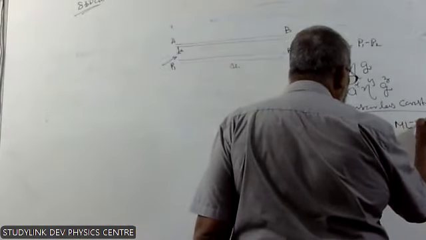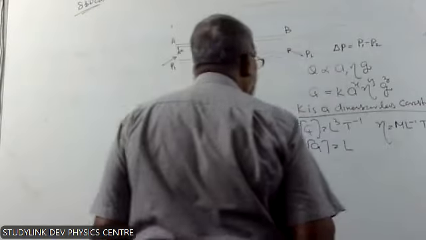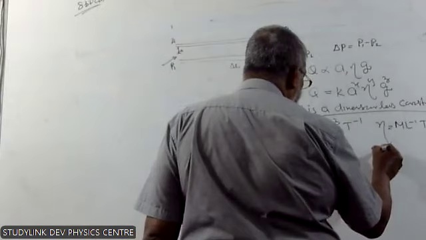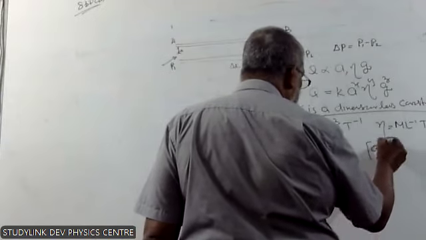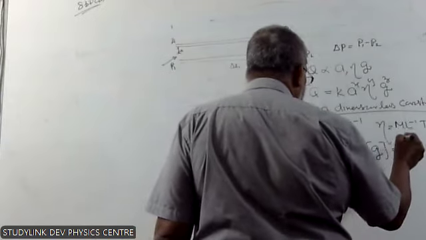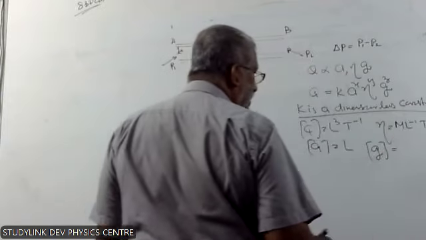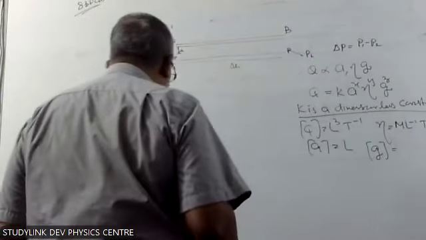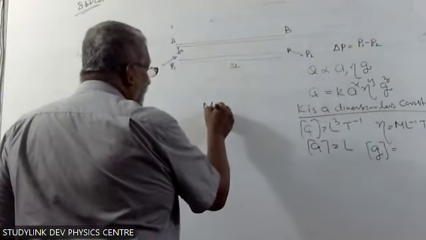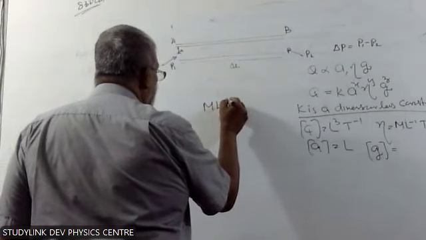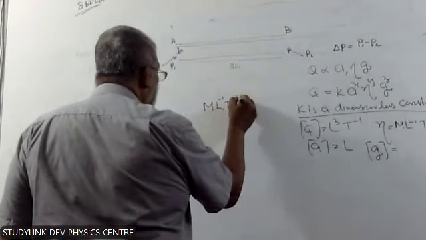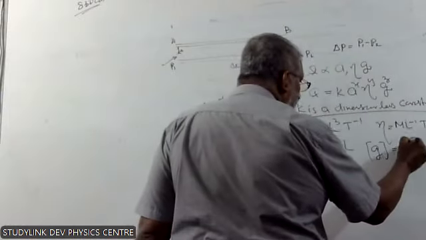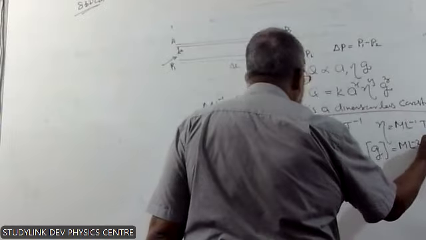M L minus 1 T minus 1. Then curl G dimensions. That is rate of pressure difference. Pressure difference, we got it. How did we get? Pressure is M L minus 1 T minus 2 divided by L. Then M L minus 2 T minus 2.